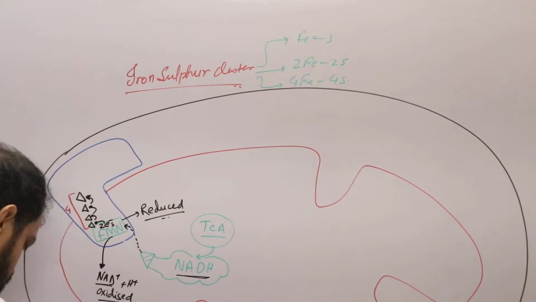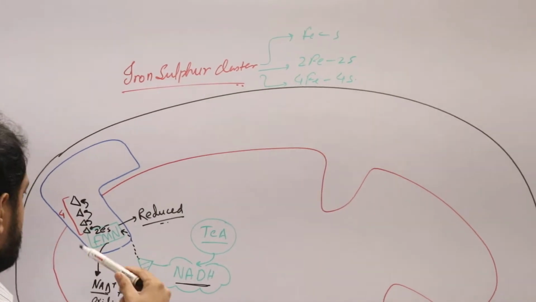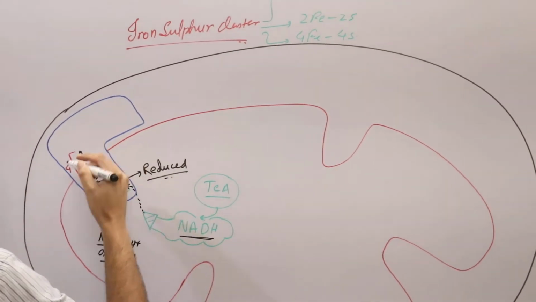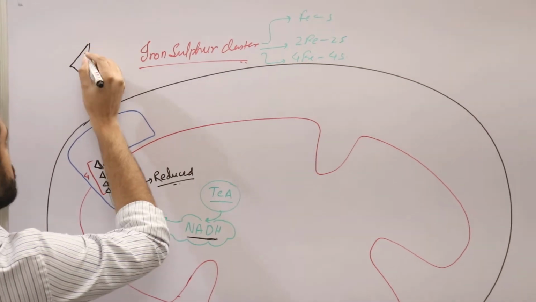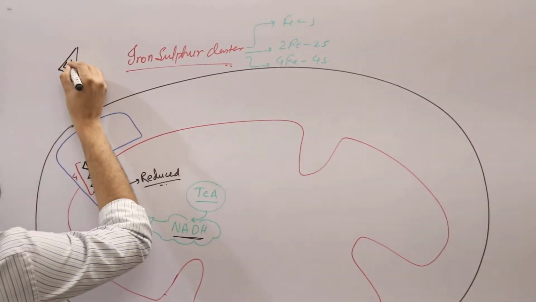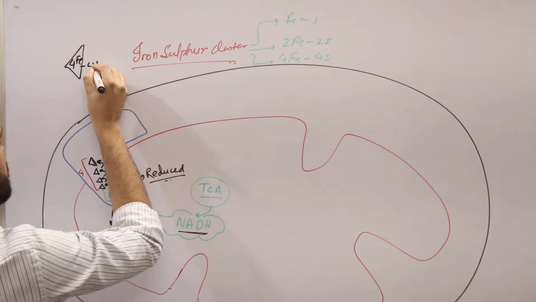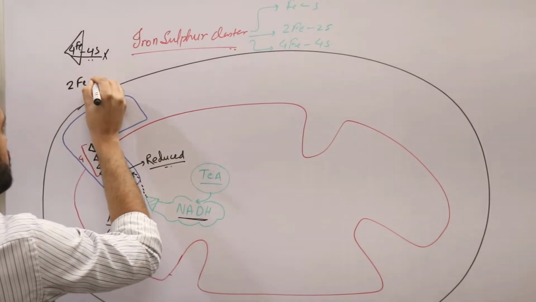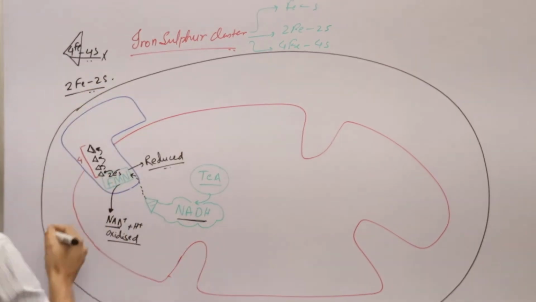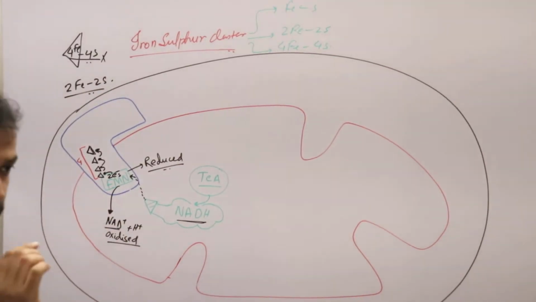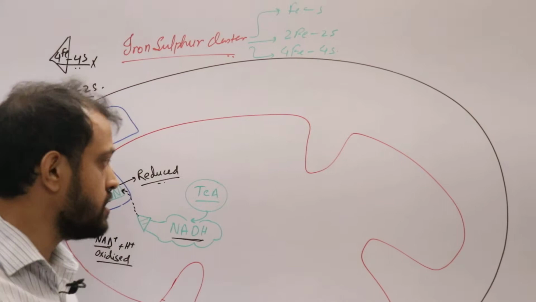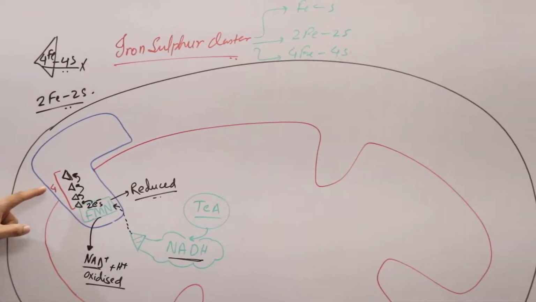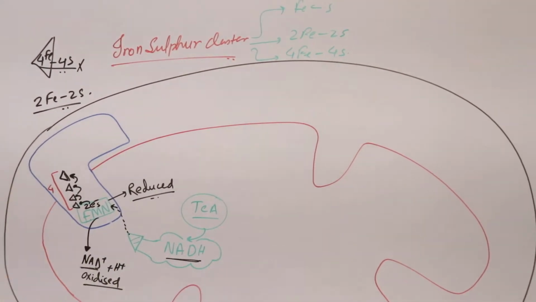These are actually 4Fe 4S clusters. These are not 2Fe 2S clusters. That is a very basic difference between the iron sulfur clusters present in complex 1 and complex 3.